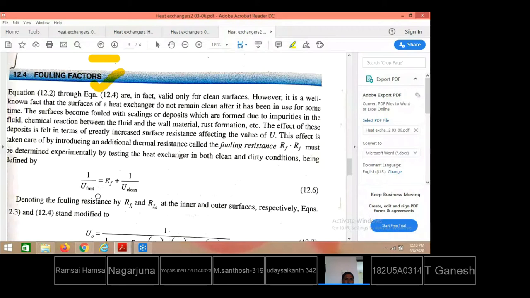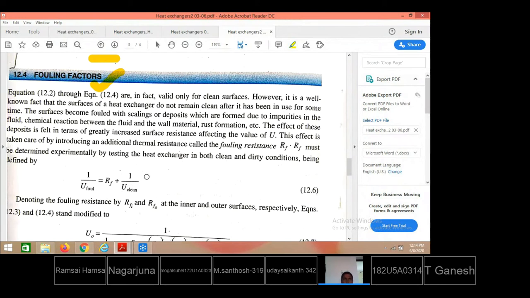That is the additional deposition of foreign particles over the solid surfaces, which are nothing but the tube surfaces. That is equal to, this is the fouling resistance, Rf, plus 1 by the overall heat transfer coefficient estimated without any fouling effects.